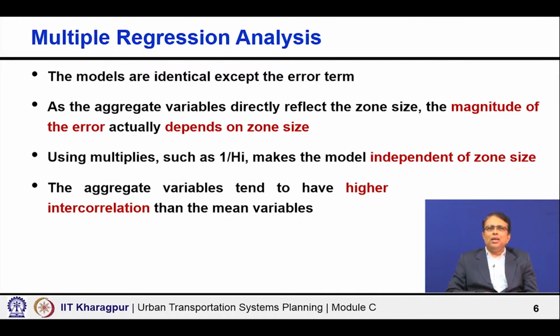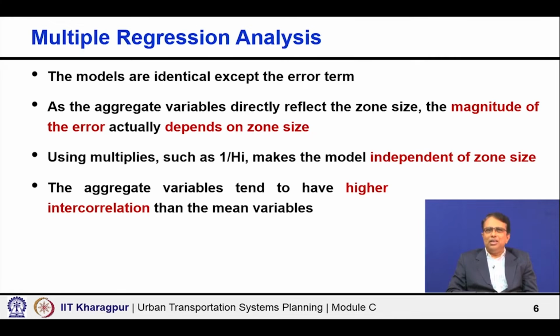Now, in the second case, what we are doing is multiplying by 1 by H_i, or dividing by H_i, the number of households, to make it a rate.